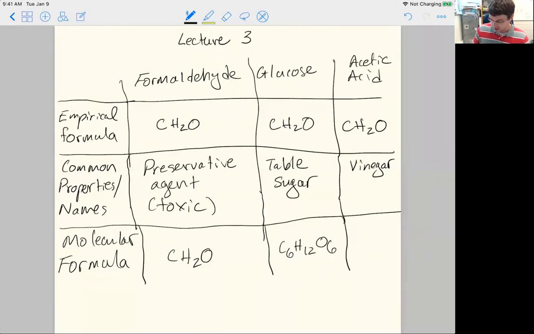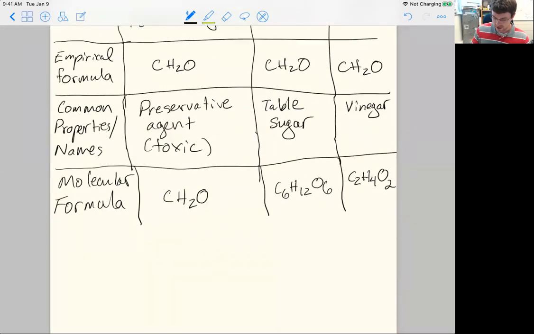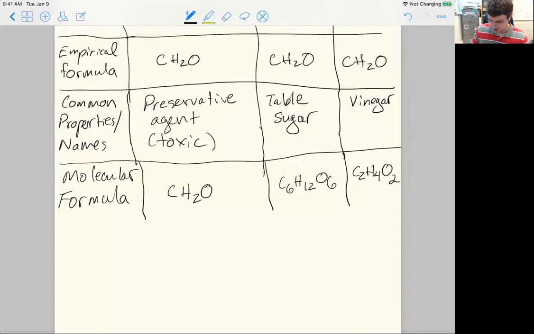Acetic acid has C2H4O2. So even though the ratio of carbons to hydrogens to oxygens is all 1 to 2 to 1, the fact that we have different numbers of carbons, hydrogens, and oxygens allows us to see maybe why we have different molecules in all cases.